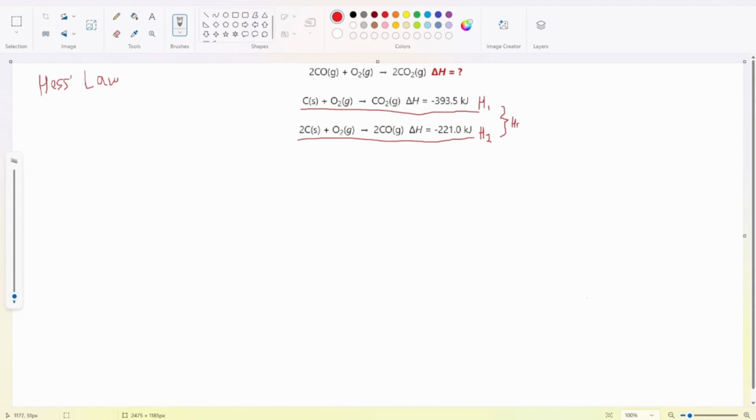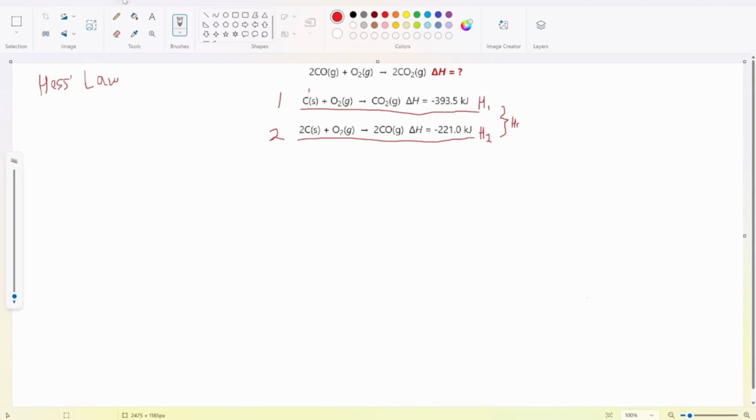2CO gas plus O2 gas goes into 2CO2 gas. Now let's focus on equation 1, and then we can focus on equation 2. So as we can see, this carbon right here is unneeded, because if you look, you have carbon monoxide, you have oxygen O2, and then you have 2 carbon dioxide, and nowhere in that equation is there a single carbon.